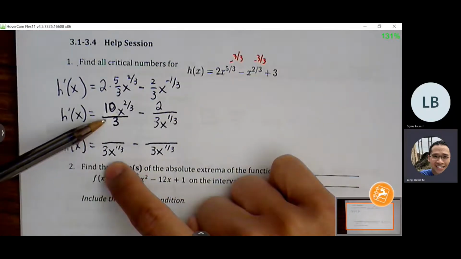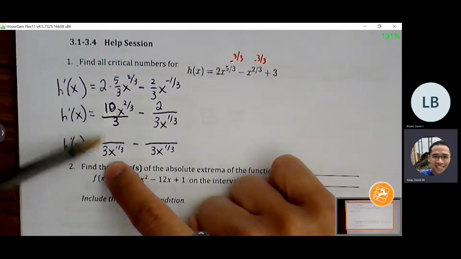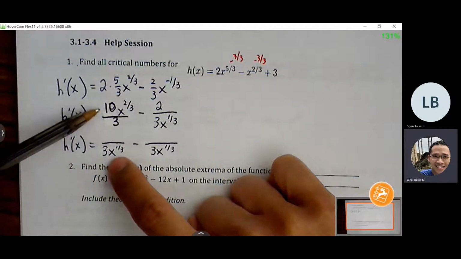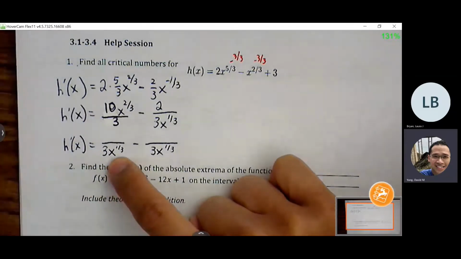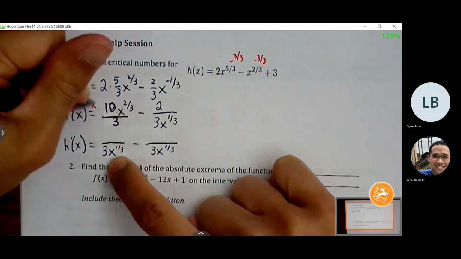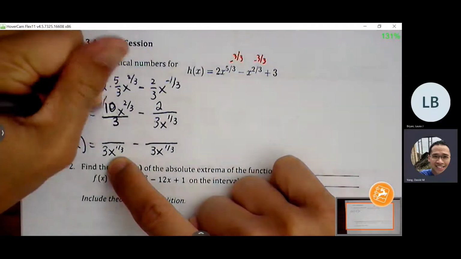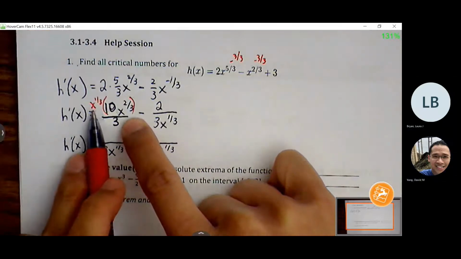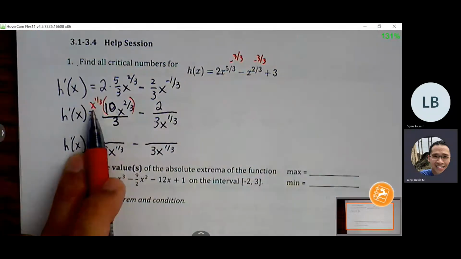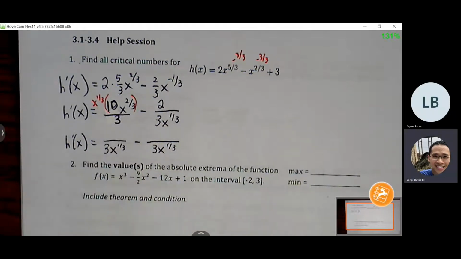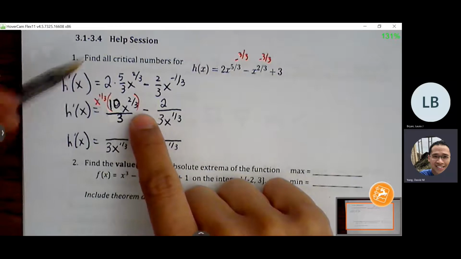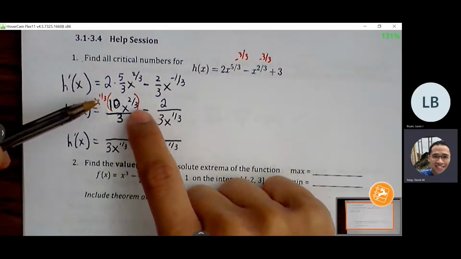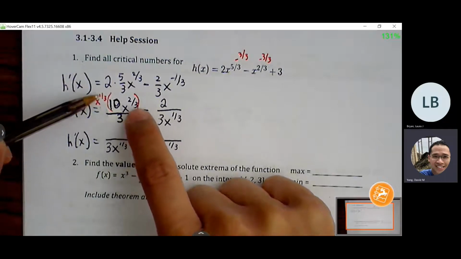Looks like this old denominator is missing an x to the 1/3. So I need to balance this numerator by x to the 1/3. So when I multiply these together, what do we get? Just 10x, right? Because the exponent nicely goes away because we add exponents. 1/3 plus 2/3 is 3/3. 3/3 is the same thing as 1.